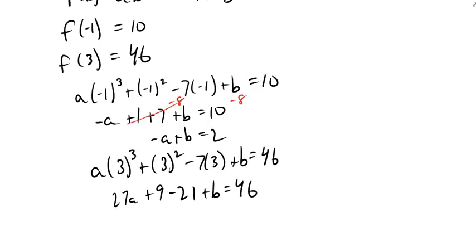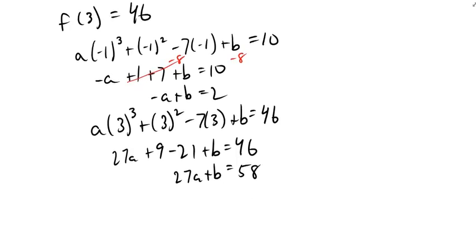So 9 minus 21 is going to be negative 12. So add 12 to both sides and I get 27a plus b equals 58. Does that look right? There's equation 1. There's equation 2. I have a linear system that I can solve and find the values of a and b.